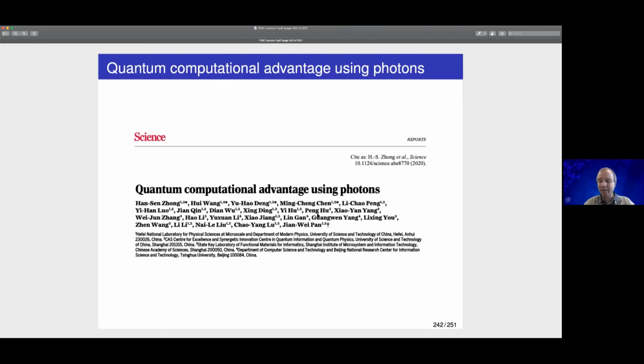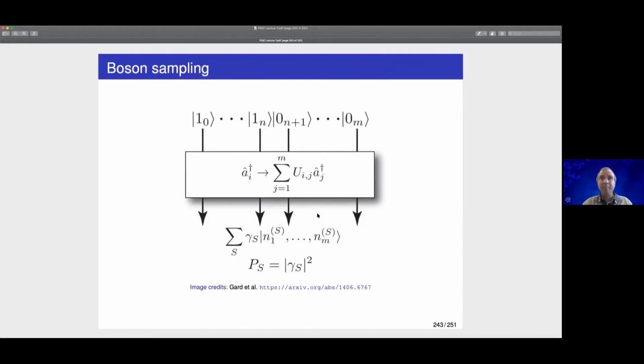And in this case, what they use is a different approach. They don't use a programmable, universal quantum computer, like in the case of Google, but they use what is called a photonic implementation of boson sampling.